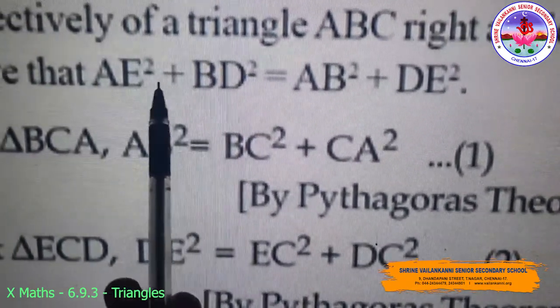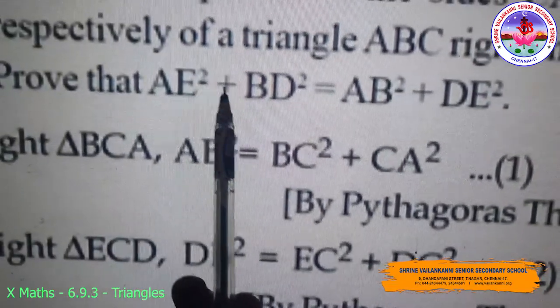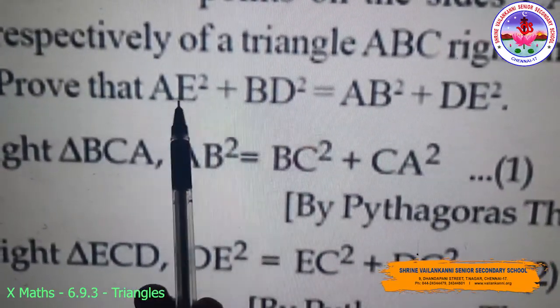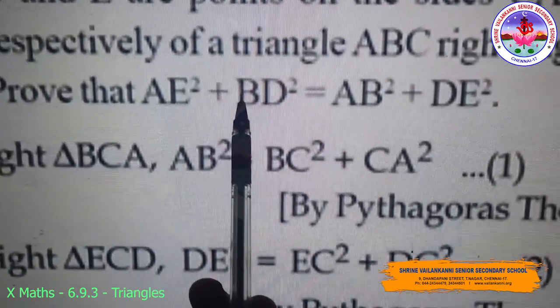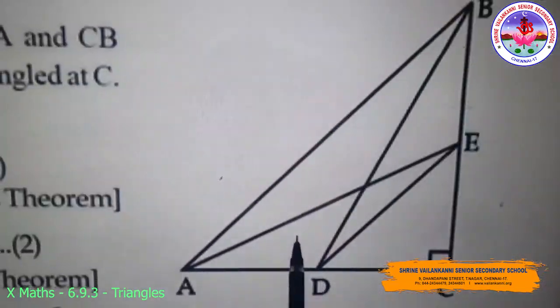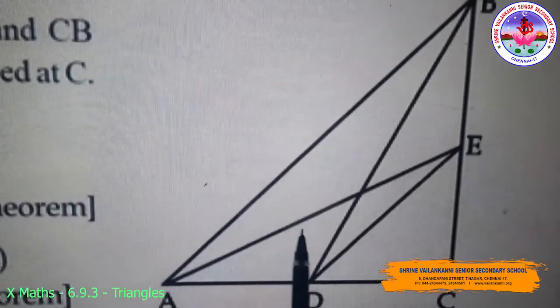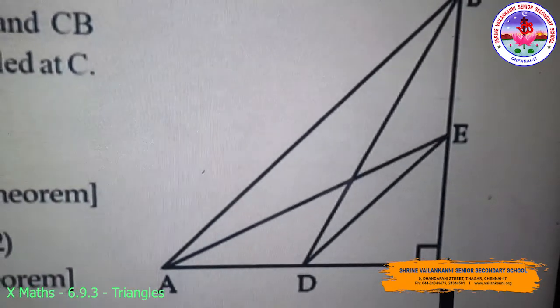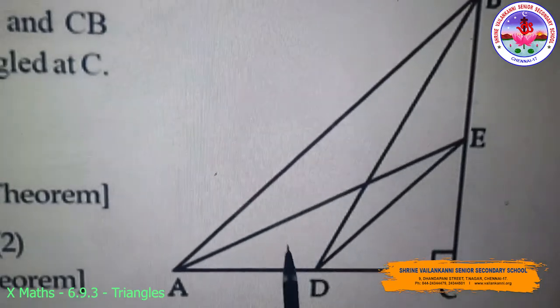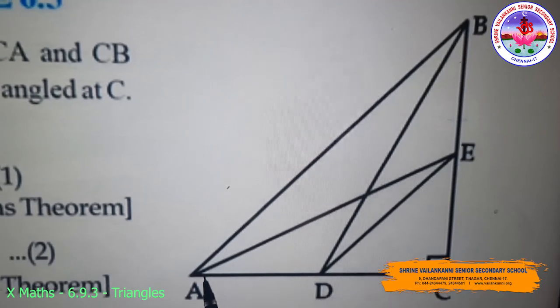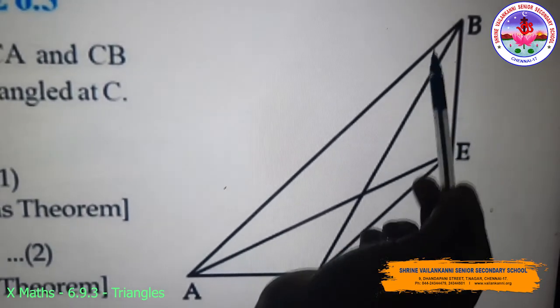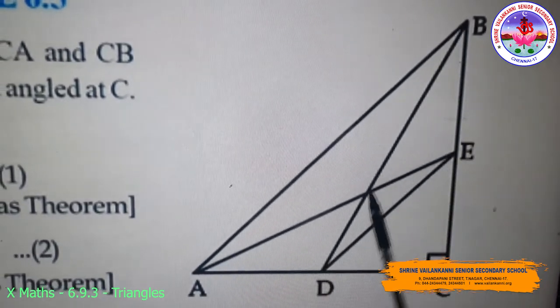Now I am going to take the left hand side, AE squared and BD squared. AE is involved in the triangle AEC and BD is involved in the triangle BDC. So in AEC, AE is the hypotenuse, and in BDC, BD is the hypotenuse.